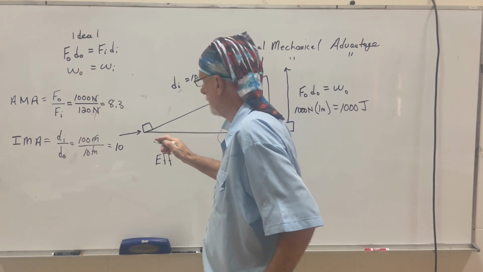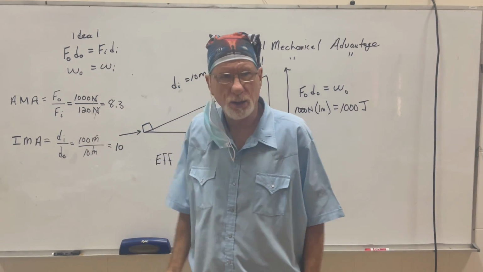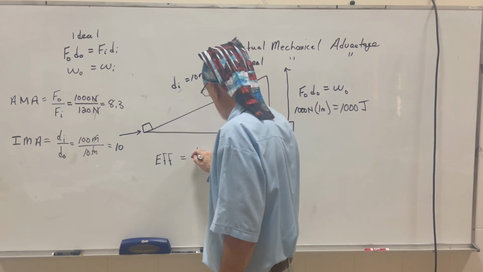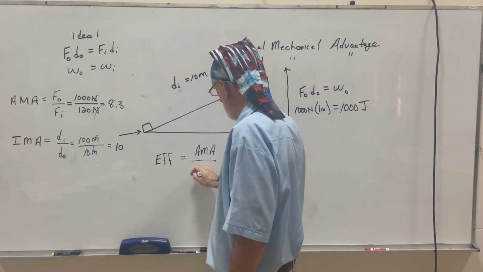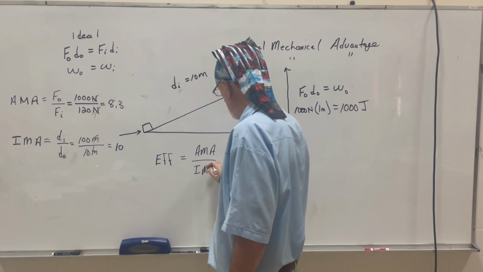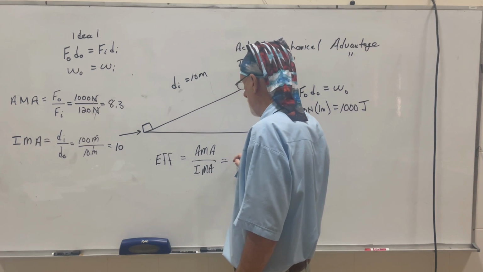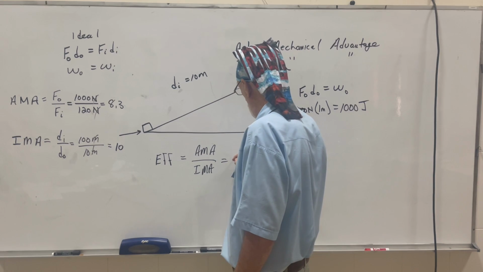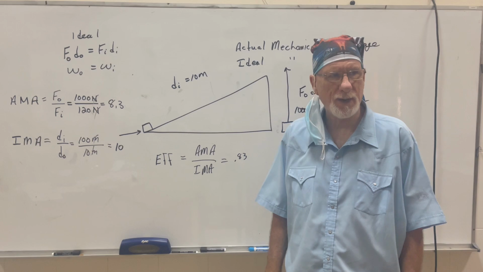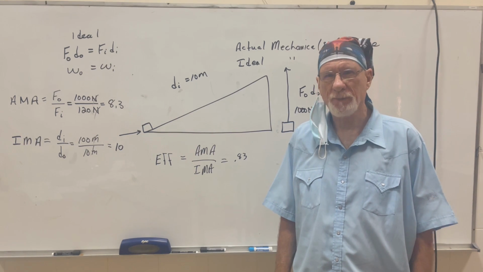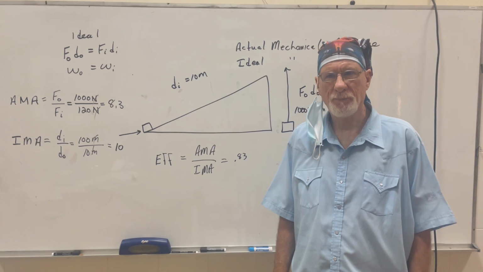So it's going to be your smaller number, your AMA, over your IMA. In this case, it's going to be 0.83 will be the efficiency of this machine, correct?